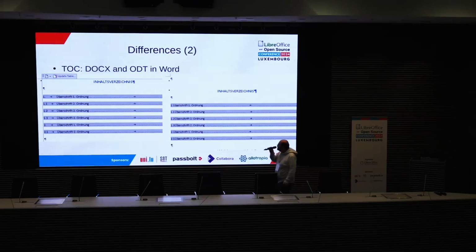But do we have some table of contents? They said that it's supported, except for sec fields. What is the sec field? It's not here. But if we take a table of contents, in German called Inhaltsverzeichnis, and save it from docx on the left to ODT on the right, and we reopen the file in Word, this little label on the top left is now missing, and there is an extra paragraph at the top.